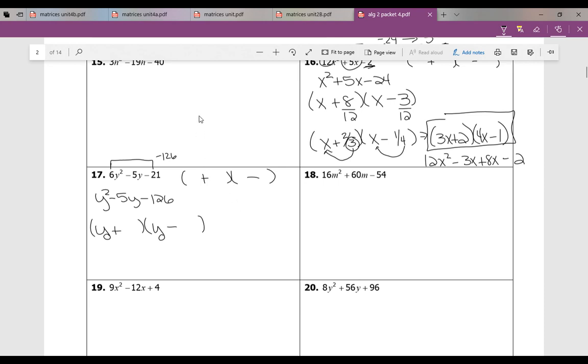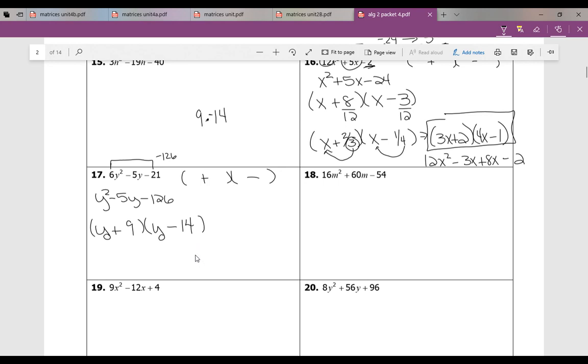Nine times 14, perfect. 9 times 14 gives you 126. Which one would have to be positive to produce the -5? Correct. So when you multiply them, you get -126. When you add them, you get the -5. So the 9 goes with the plus, the 14 goes with the negative.